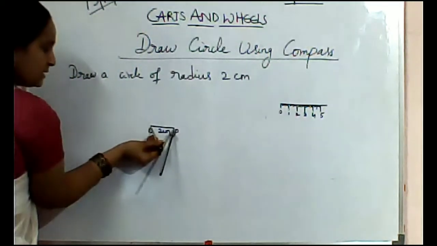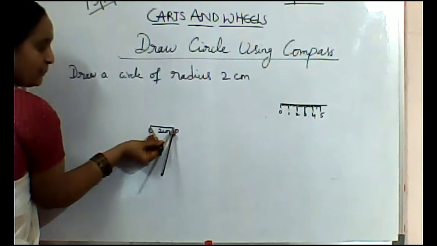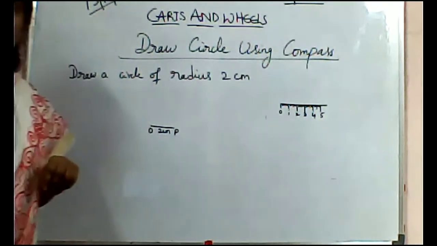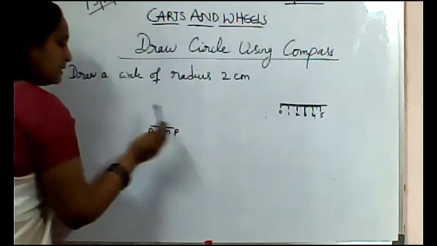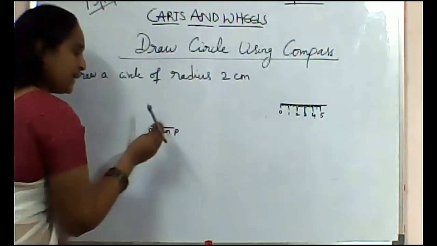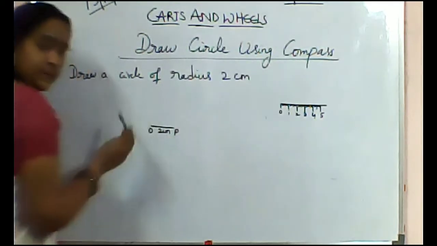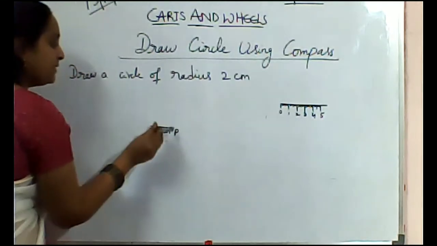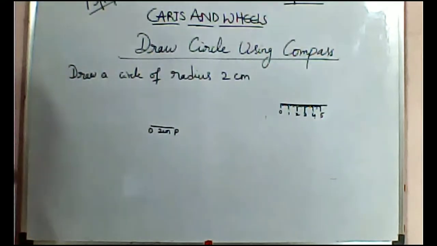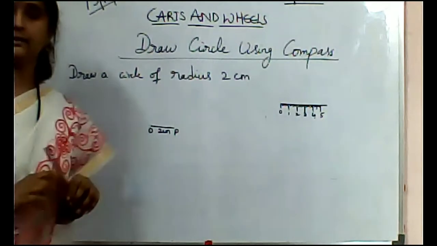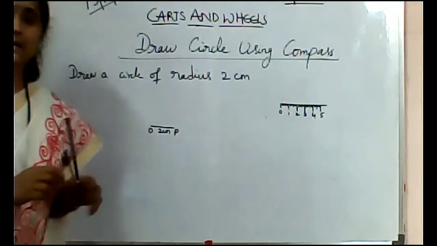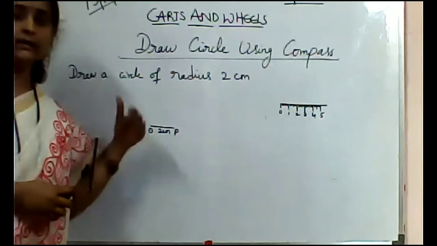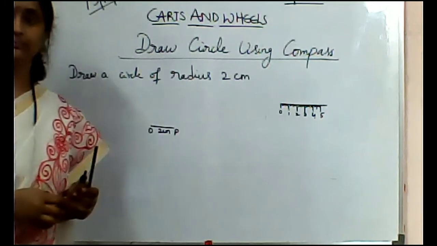So like this, point of compass at O and point of pencil at P. And again, keep the point of compass at any point. You can keep it at P or you can keep it at O. And then draw a circle. This is another method that you can draw a circle.